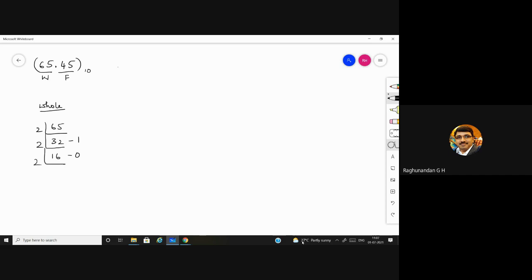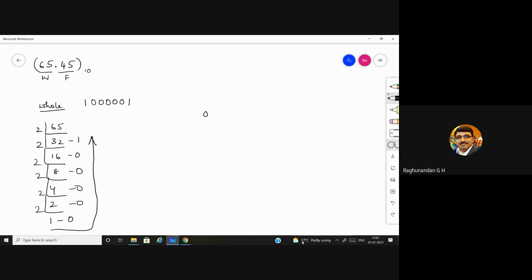Again, 2 8s are 16, 2 4s are 8, 2 2s are 4, 2 1s are 2, remainder is 0. So from bottom to top sequence for the whole number, we'll have 1, then 5 zeros, and 1. This is the equivalent of 65.